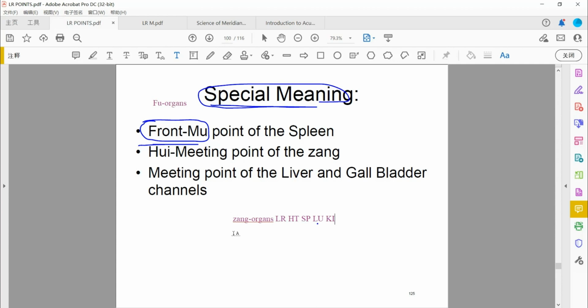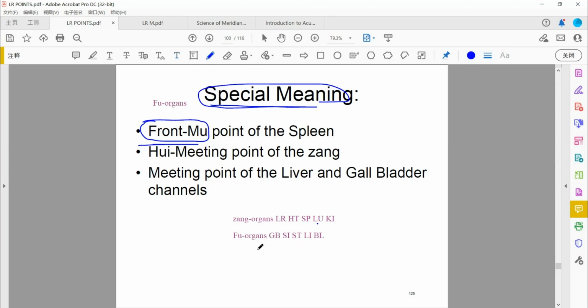On the other hand, fu organs. For example, liver, which one is interiorly-exteriorly related to liver? We just studied the gallbladder. Heart, small intestine, right? Spleen, stomach. Lung, with what? Large intestine. Kidney, bladder. Okay.